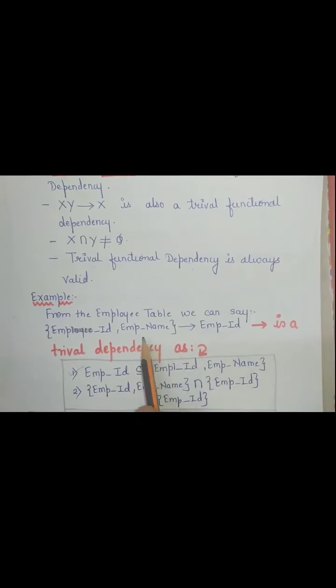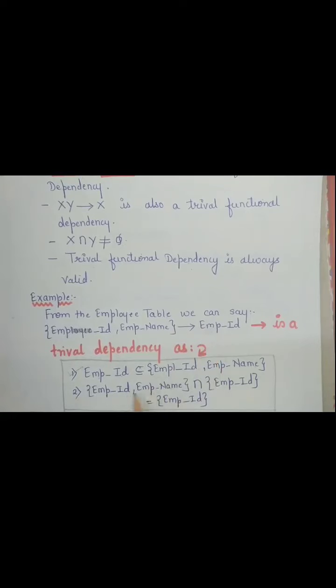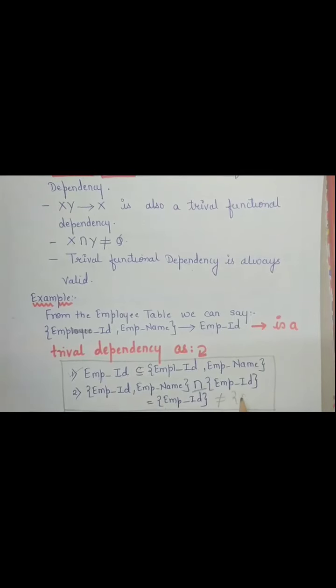Here I have taken the intersection of determinant and dependent, and the value I am getting is nothing but employee ID. That means it is not equal to an empty set. Clear guys? That's why here we say trivial functional dependency.